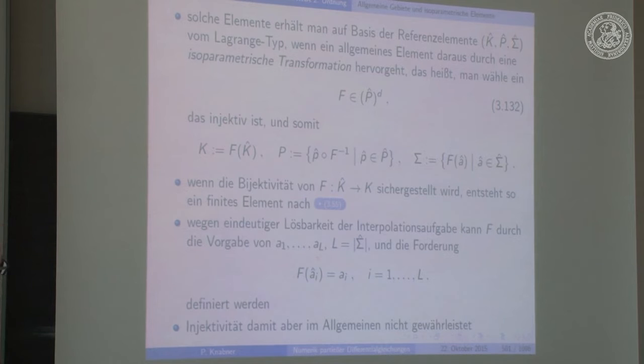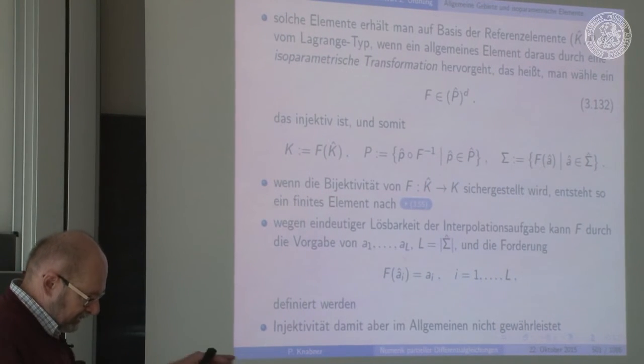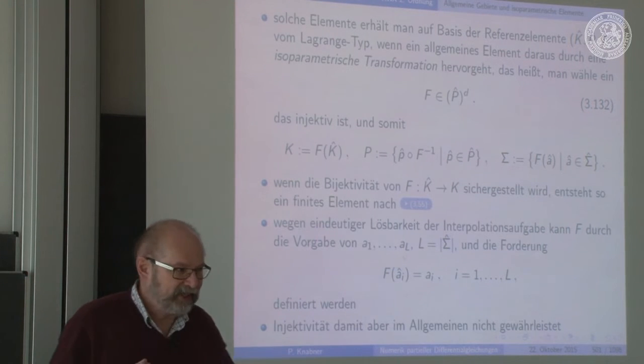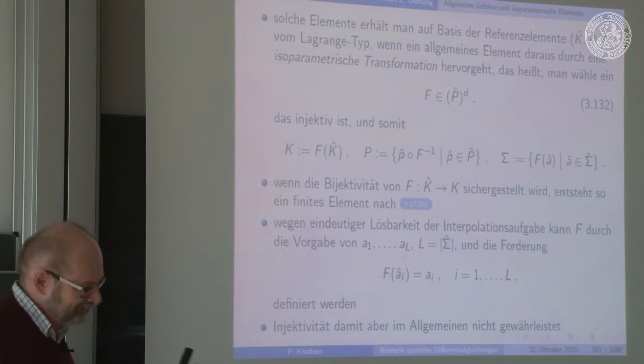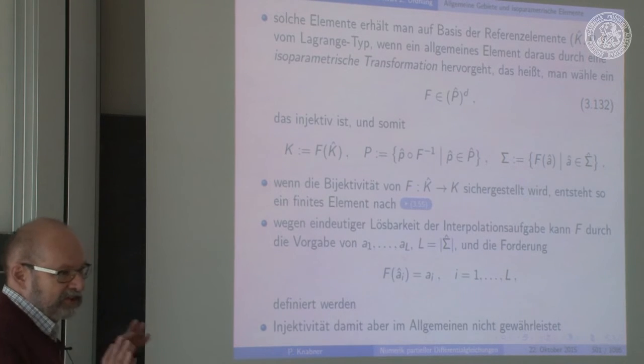The first absolutely necessary thing we have to assure, of course, is that this mapping F is a bijective mapping from K hat to K. By definition, it's surjective. So we have to find conditions such that we don't have a situation where this transformation, like a Klein bottle or something like that, changes orientation locally.